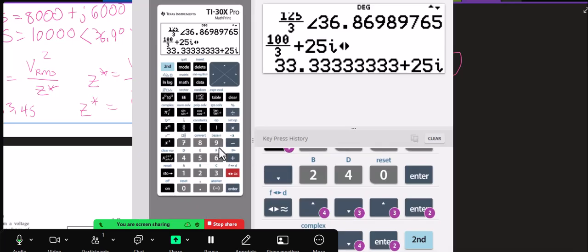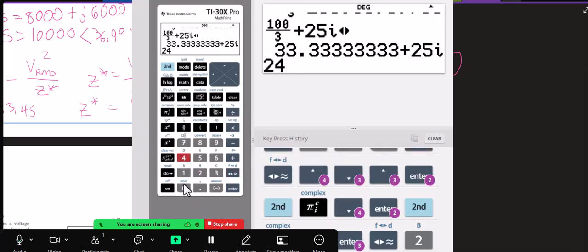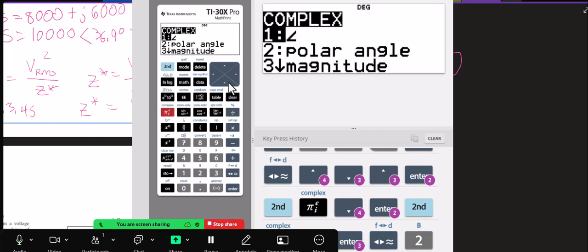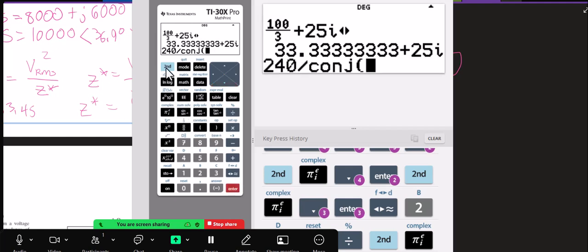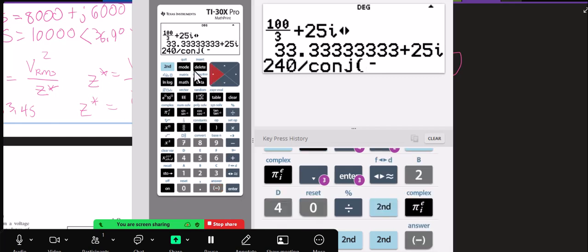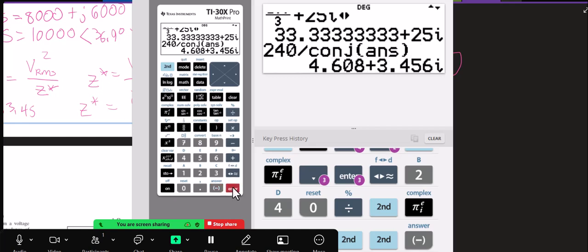So what I should have done was 240 divided by the complex conjugate of the second answer, and then I get the right answer.